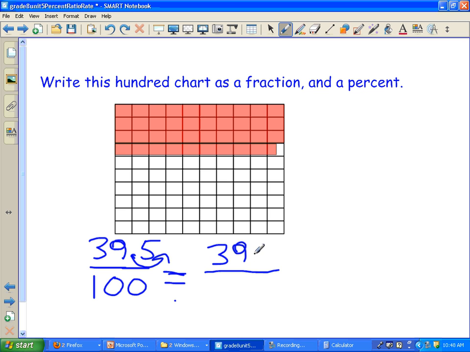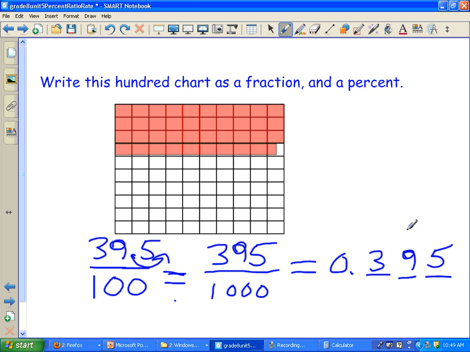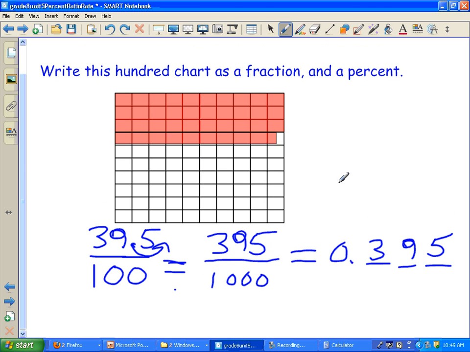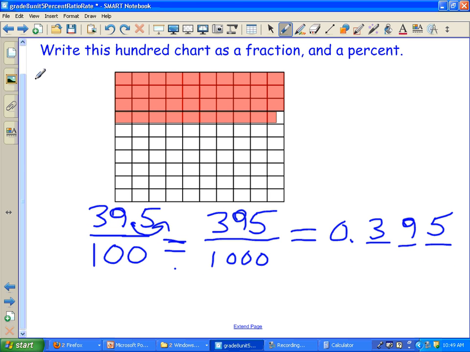So we've got 395 and 1,000. So I'll write it with 3 places because it's thousandths. So now I have 395 thousandths. That will give us 39.5%.